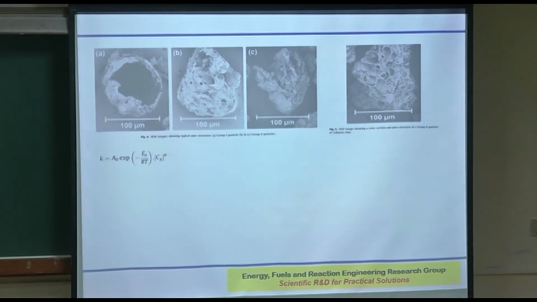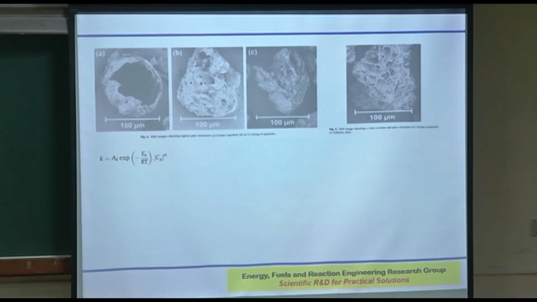So that's why she plotted this only between 10% char conversion and 50% char conversion. The char is already 50% of the coal. So her char is actually 50% of the coal, and 50% of that 50% is only 25%. The other bit is all ash, because ash is not going anywhere. Ash is not leaving in any TGA experiment as such.